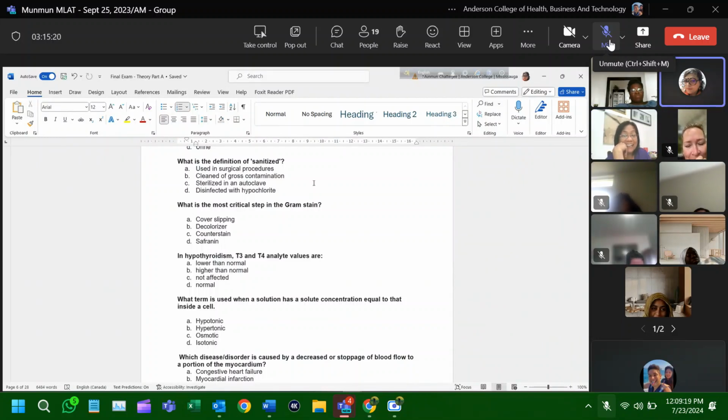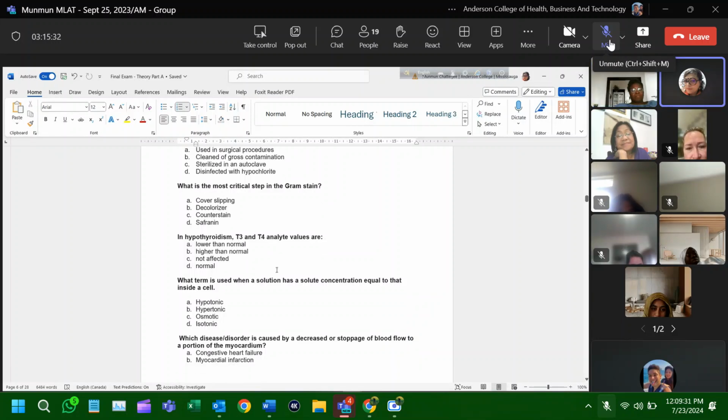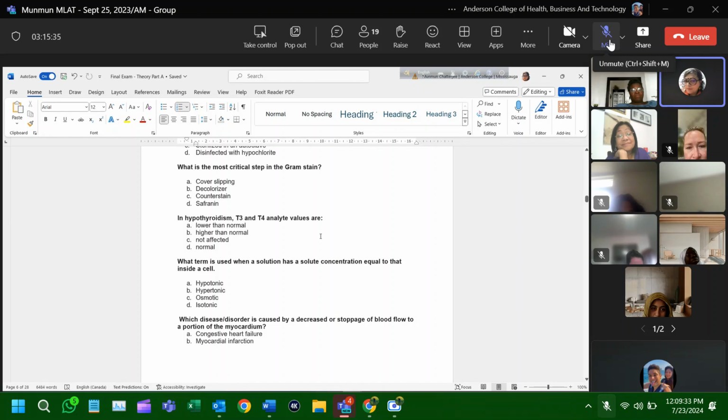What is the most critical step in gram stain? Decolorizer. In hypothyroidism, T3 and T4 analyte values are lower than normal. Lower, okay.